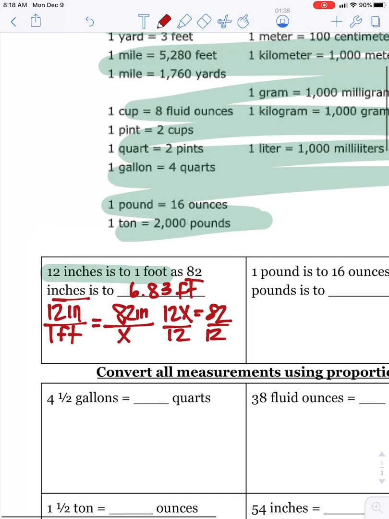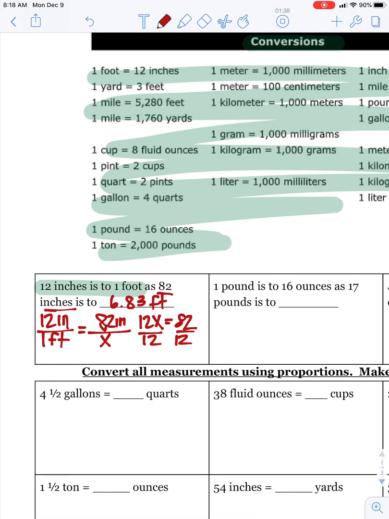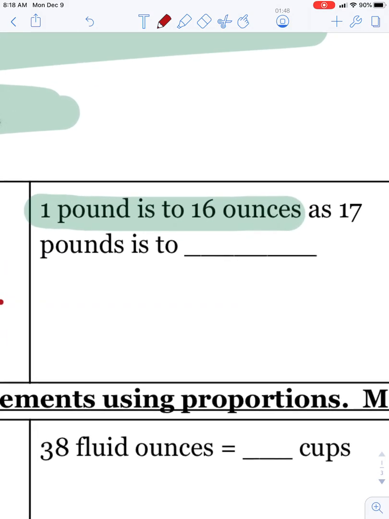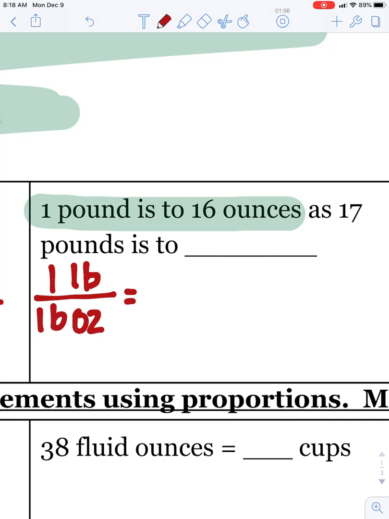Right, moving on to the next one. With the next one, we can see that 1 pound is 16 ounces. So when we zoom in on that, we do 1 pound on top. The abbreviation for pound is LB, over 16 ounces.